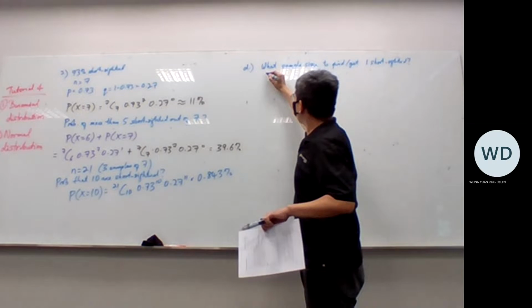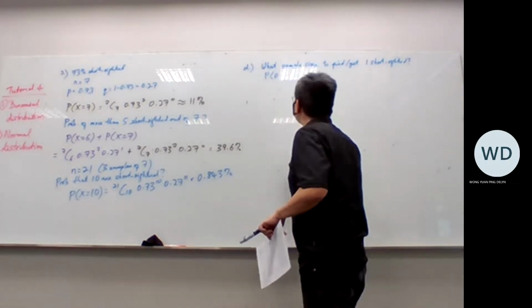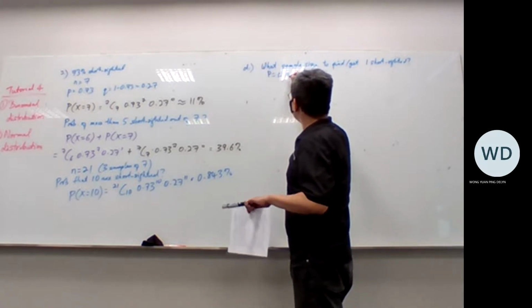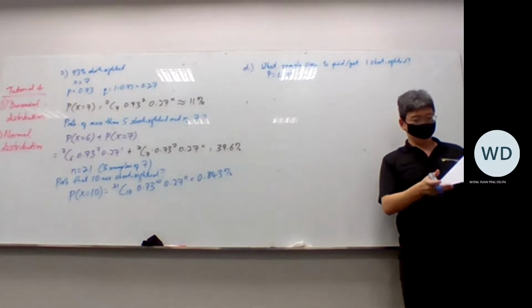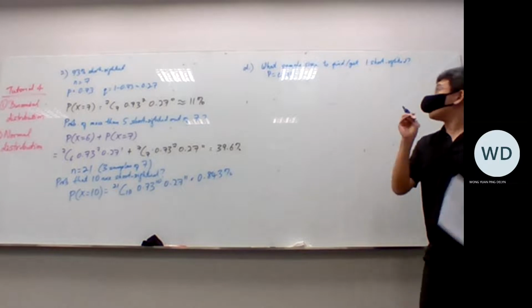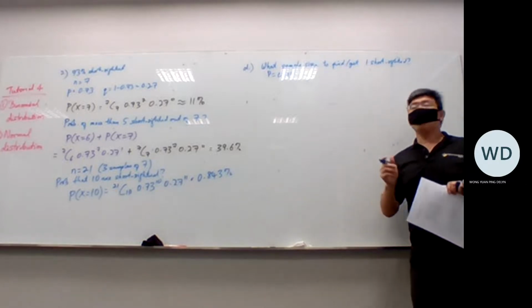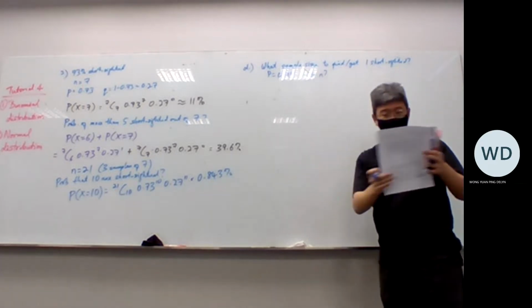And the probability that they want is 0.9. So how do you do that in the first place? You need at least one short-sighted. So what is the sample size you need? Basically, you're asking, what is this number n that you need?